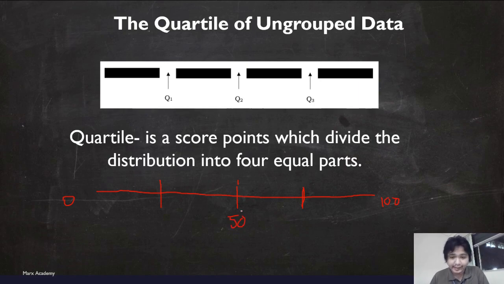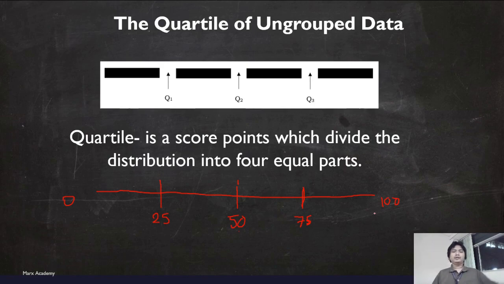Then from 0 to 50, we divide it by 2, so that would be 25. And from 50 to 100, we divide it by 2, which is 75. What I mean by divide it by 2 is to add the two ends and then divide by 2.